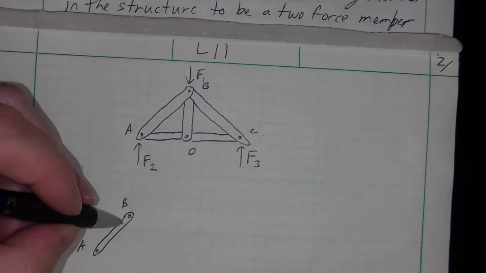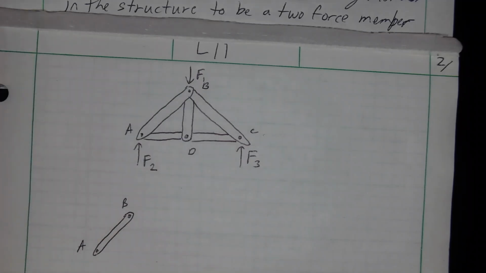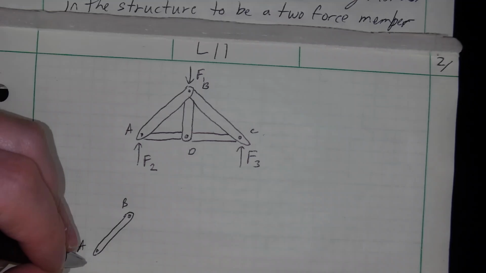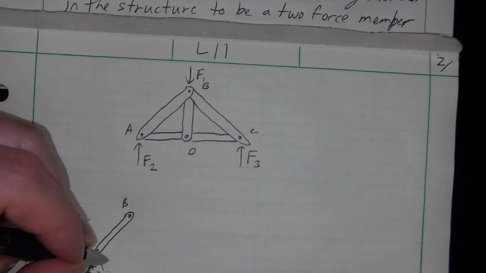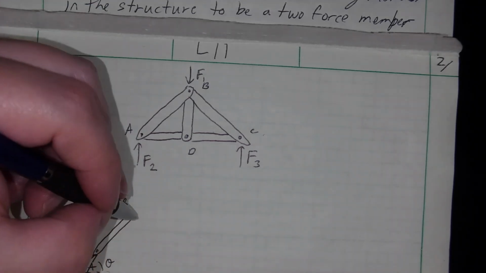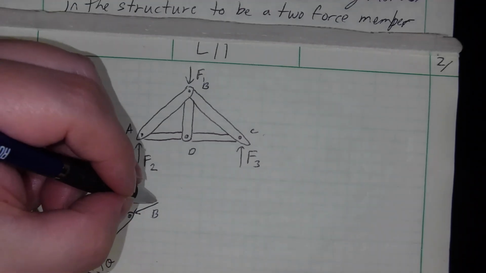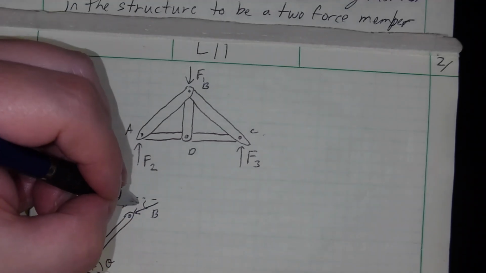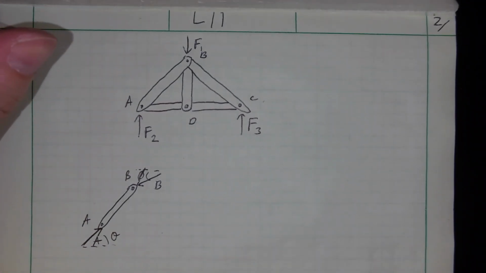Basically, if I'm applying these forces up here at the pins themselves, then when I only draw this member, all I've got is the pin right here at A, with some unknown angle theta, and a pin here at B, some unknown angle phi.